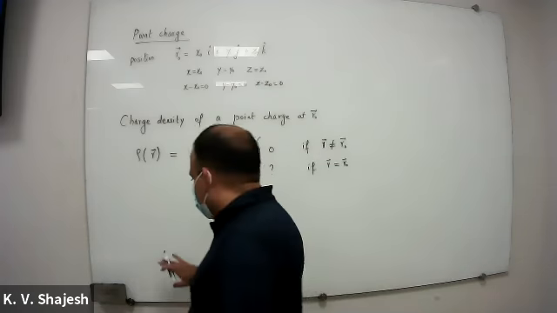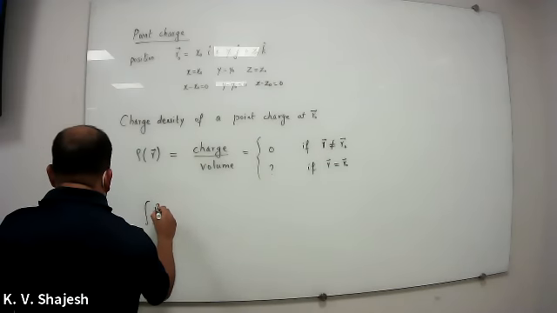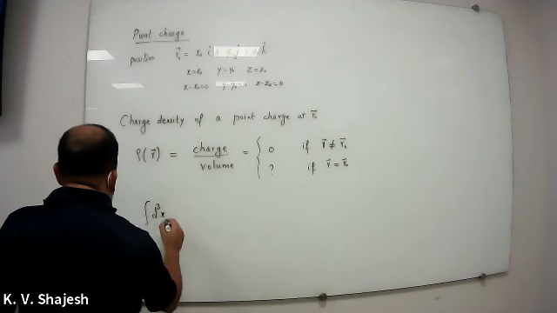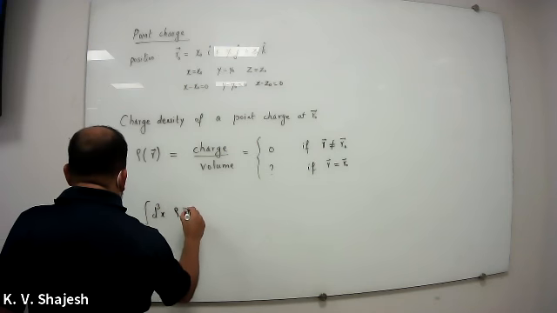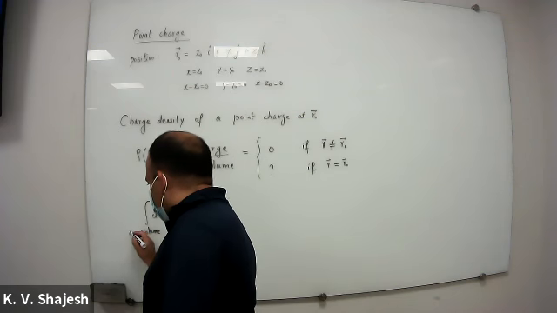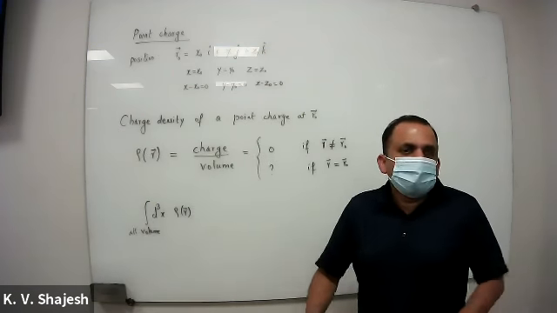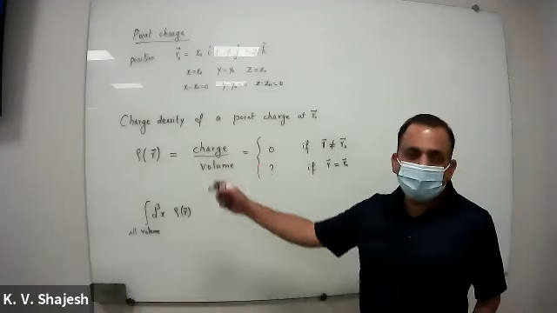But we also know that when you integrate the charge density over the whole volume, that means all space, I should get all the charge that's contributed from this point charge.